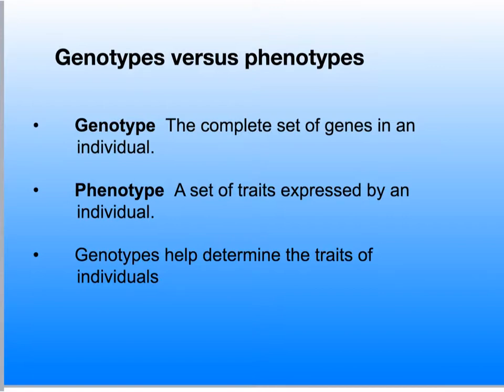An individual's phenotype, however, is the actual set of traits that are expressed in that individual. It's not always just the way that they look. Phenotype traits can be things like anatomy, physiology, and even behavior. So, the color of your eyes, for example, is a phenotype, whereas the genes that code for eye color are part of your genotype.